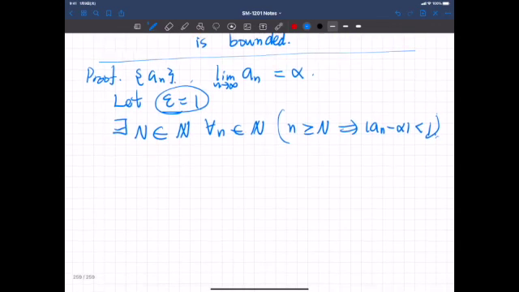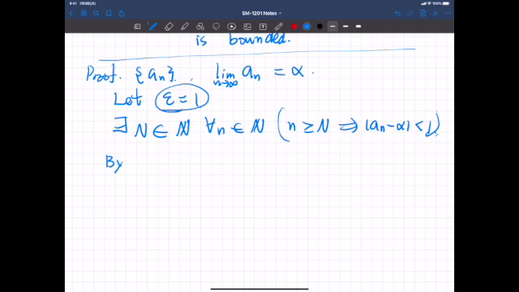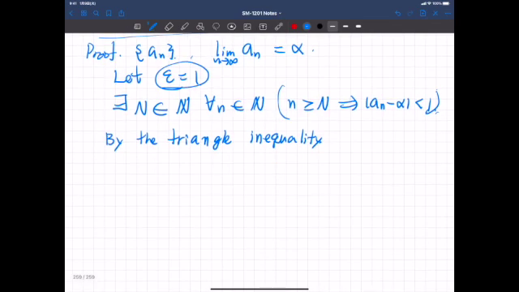Now by the triangle inequality, well, there are actually a few different versions of the triangle inequality, but we use this one here. |a_n| minus |alpha| is less than or equal to |a_n minus alpha|, which is less than 1.